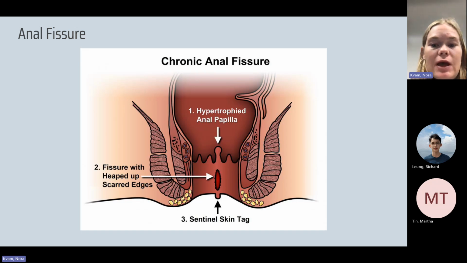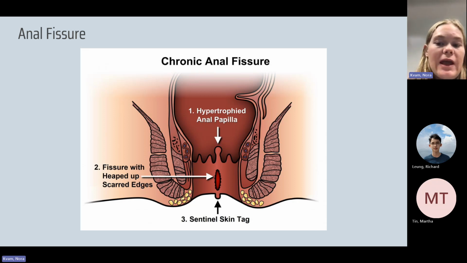So here's what I mentioned about the classic triad of a chronic anal fissure. Over time, you have this anal fissure in the middle, and then above you have a hypertrophied papilla, and below you have a sentinel skin tag. The hypertrophied anal papilla and the skin tag contribute to the symptoms caused by anal fissures.